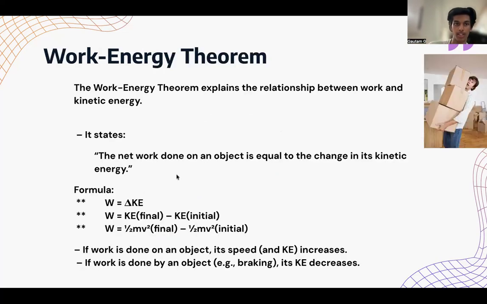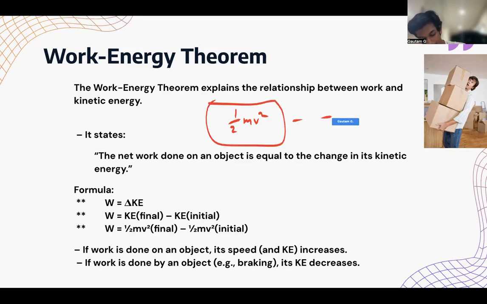And then we went over the work energy theorem, which explains the relationship between work and kinetic energy. It states that the net work done on an object is equal to the change in its kinetic energy. If we're thinking about the change in kinetic energy, we're thinking about 1/2 mv squared final minus the initial kinetic energy, correct?